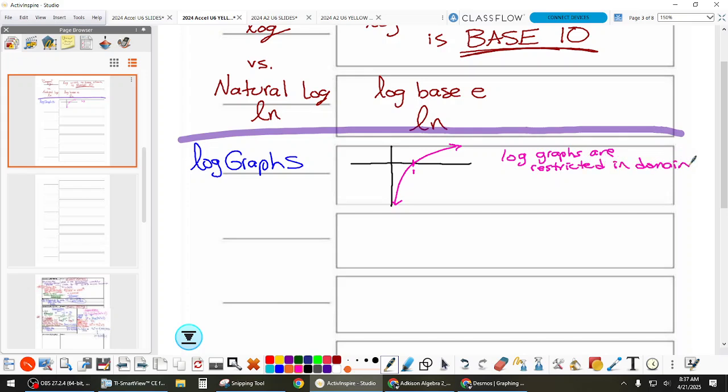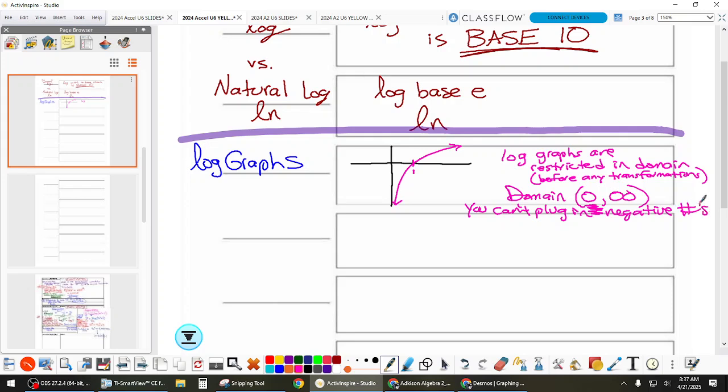Now, again, this is before any transformations. I guess we should write that, before any transformations. Okay, so you can't plug in negative numbers or 0.